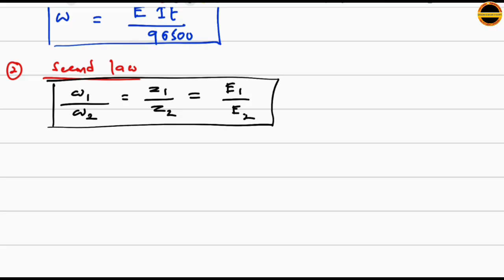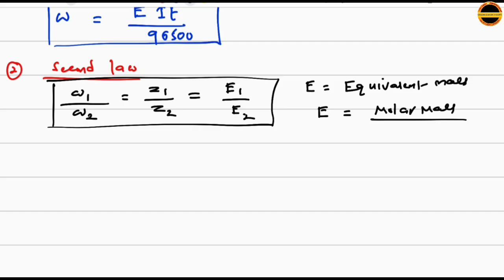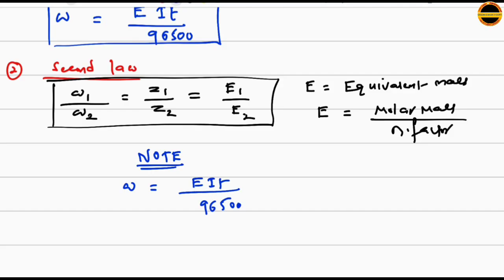W is weight, Z is electrochemical equivalent, E is equivalent mass. What is equivalent mass? Equivalent mass is molar mass by n factor. What is n factor? Already we studied it. Similarly, here there is a current efficiency term, so weight is equal to EIT by 96,500 times efficiency. If they ask about current efficiency, then you can include it. Otherwise, we take it as 100% and move further.